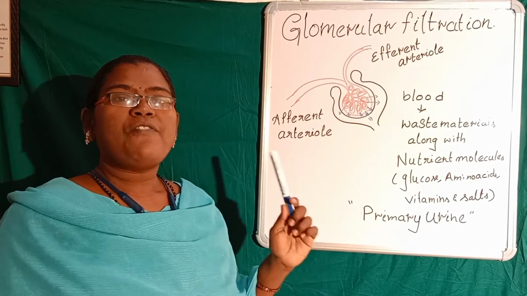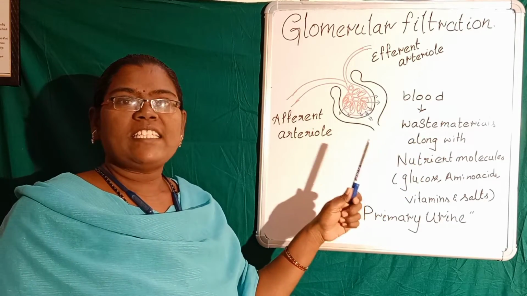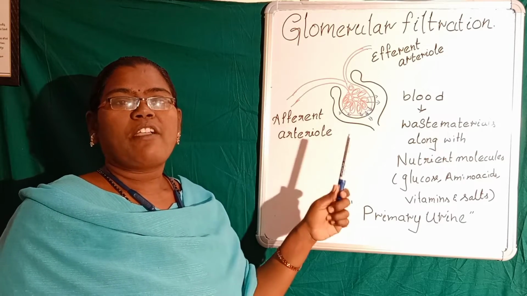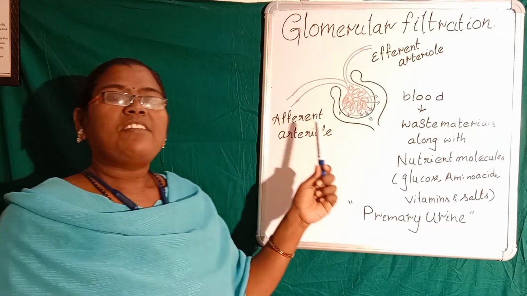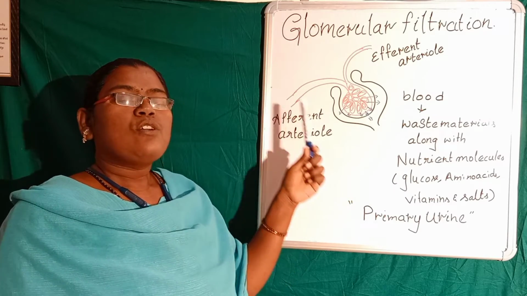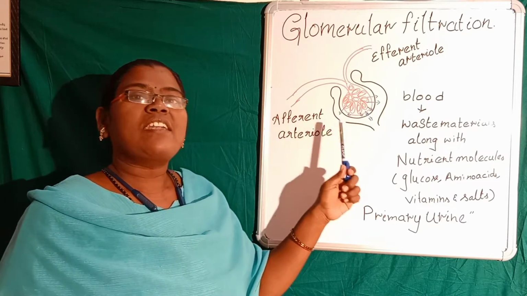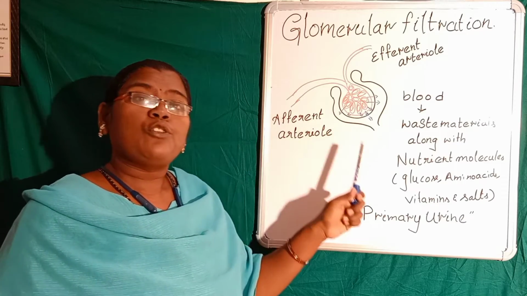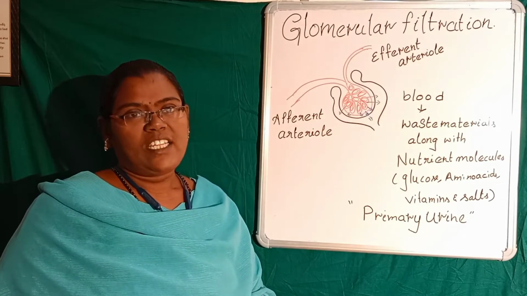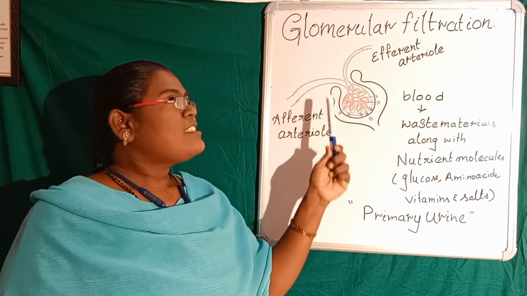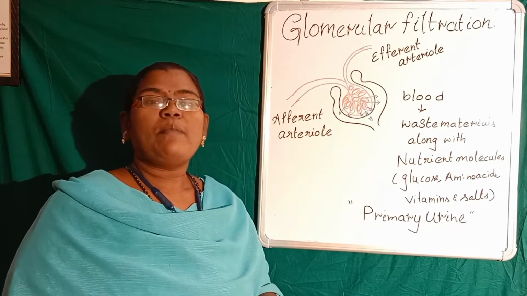Now we discuss the first step, glomerular filtration. The name itself indicates that filtration occurs inside the glomerulus. You all know that the renal artery brings blood to the kidney. Inside the glomerulus, the blood flows in through the afferent arteriole and comes out through the efferent arteriole. The afferent arteriole is wider, and the efferent arteriole becomes narrow.